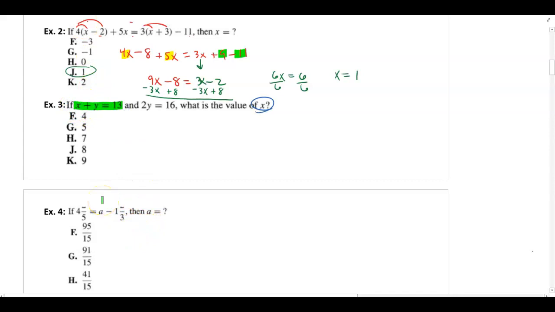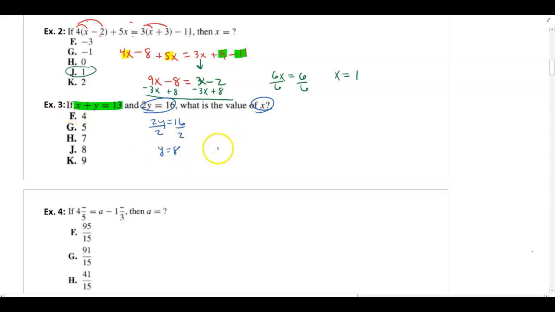If I want, I could solve for x and get x equals 13 minus y. But I have this other equation, and they tell me 2y equals 16. What this equation allows me to do is solve for y. When I solve for y, y is equal to 8.